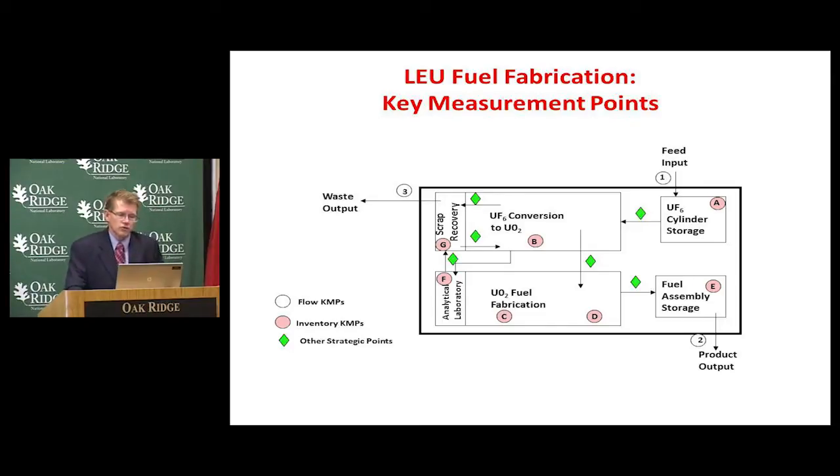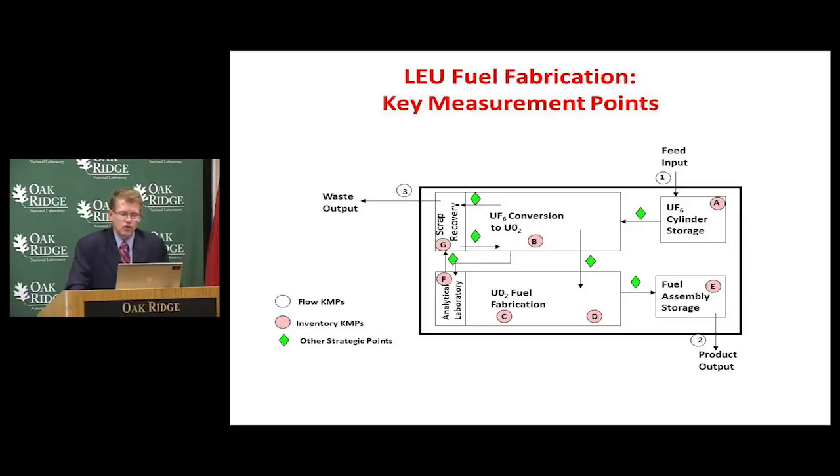The circles with the letters A, B, C, D, E, F, G represent areas that material can be stored within these MBAs and then can be inventoried when it comes time for the IAEA to verify the declaration. The green diamonds represent other strategic points where material measurements can be made and then containment surveillance applied so that materials do not have to be remeasured.